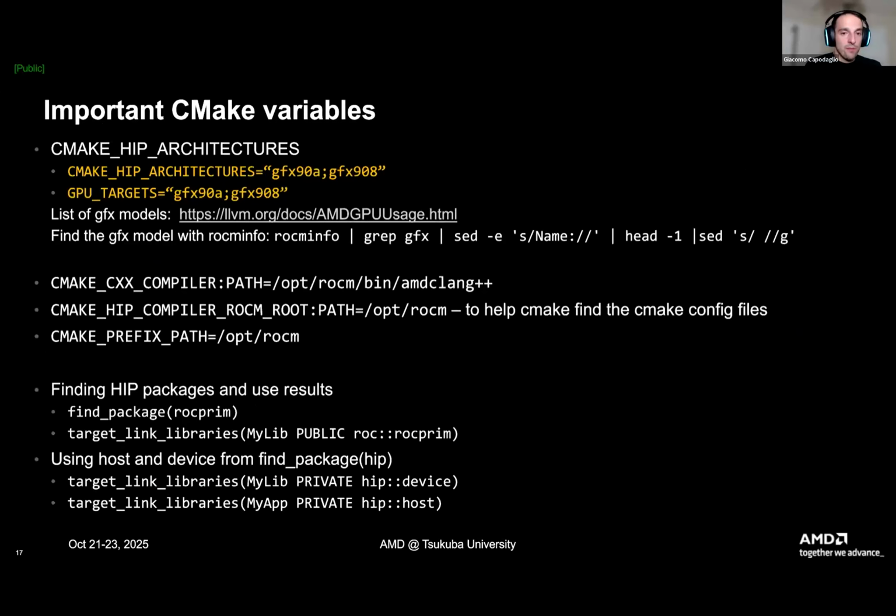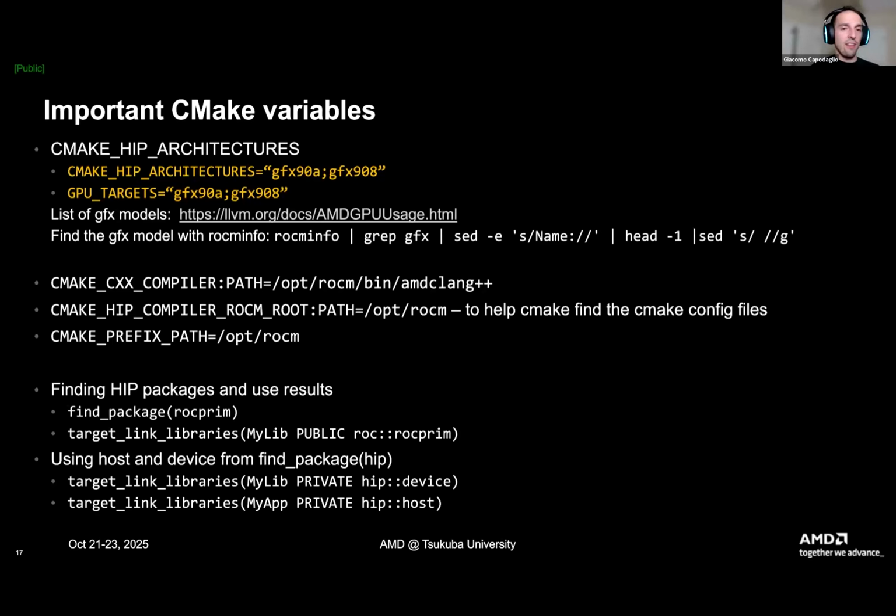Okay, so it's important to be aware of a couple of CMake variables that should be used in your build. So one is CMAKE_HIP_ARCHITECTURES. And this GFX architecture is basically the target that you want to build.